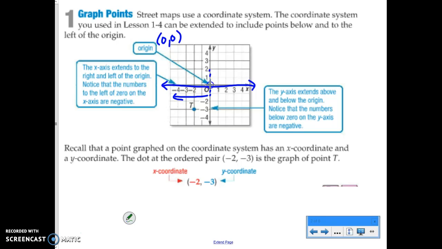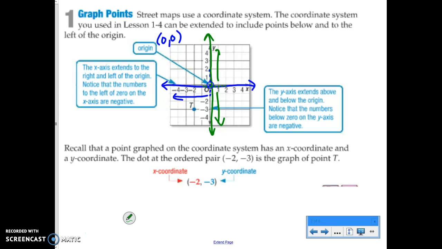Here we've got the y-axis that extends vertically, and we understand that those arrows mean that it extends above and below that origin. Also notice, as we talked about before, that the numbers below 0 on the y-axis are negative integers, and all of them above are positive.